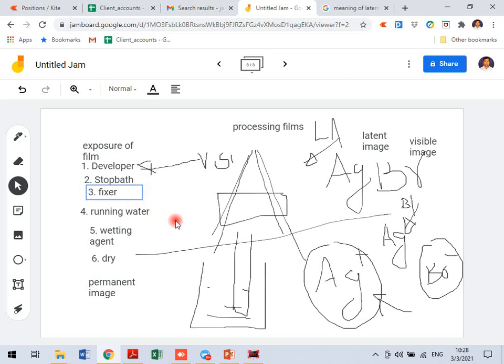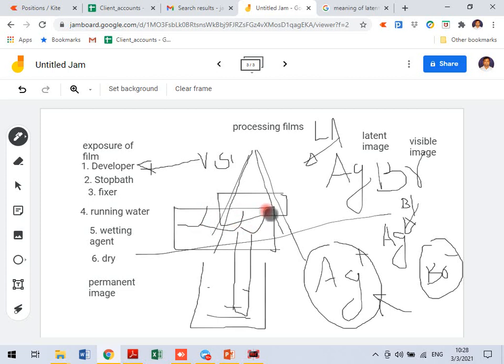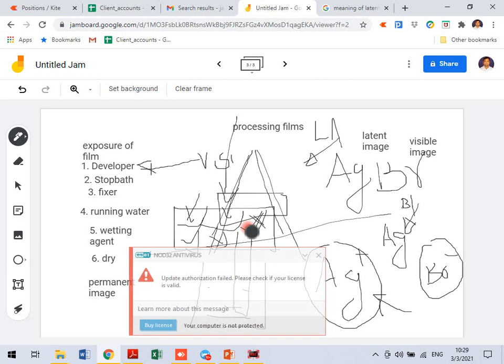Yes, you're right, but technically, what happens in fixer? See, in the film, as I told you, there is silver bromide, right? Your radiation comes, and maybe it will expose this one, but not this one. So for this one, the developer is not doing anything. So this one is removed in the fixer.